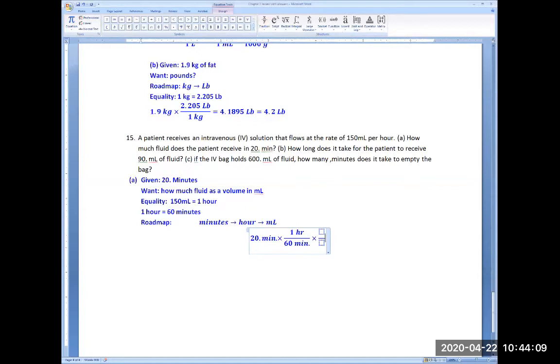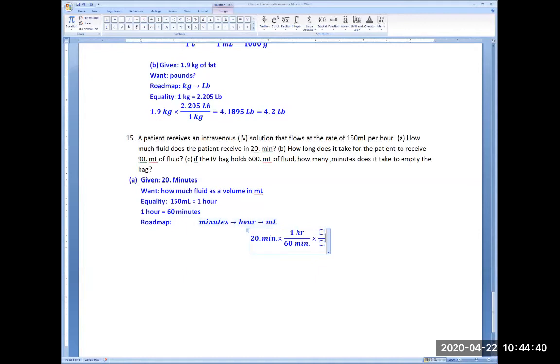Now, the second conversion factor will want to cancel those hours because that's not the ultimate measurement we want. We don't want to know how many hours there are in 20 minutes. What we want is how many milliliters. And so you will use the equality that relates the hour to the milliliters, and you will want to cancel hours. So the next conversion factor needs to have the hours on the bottom.